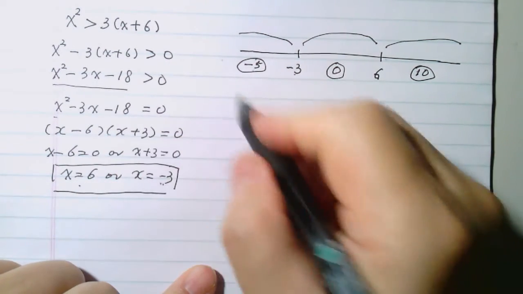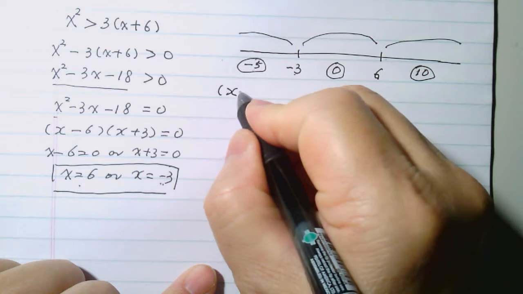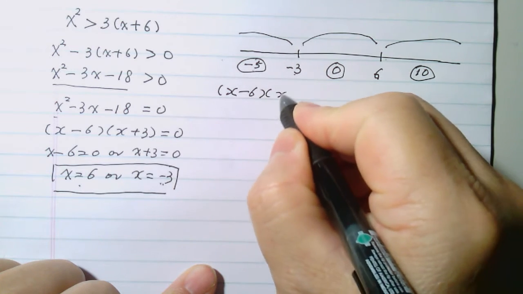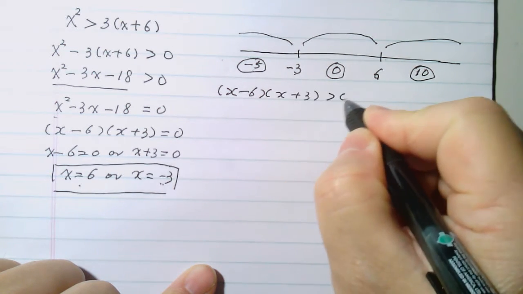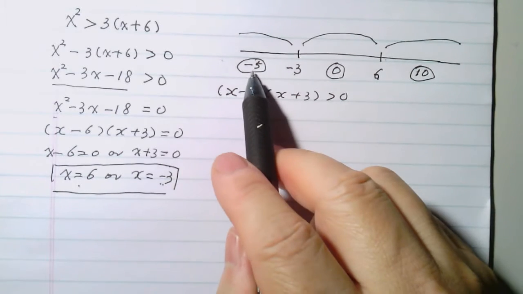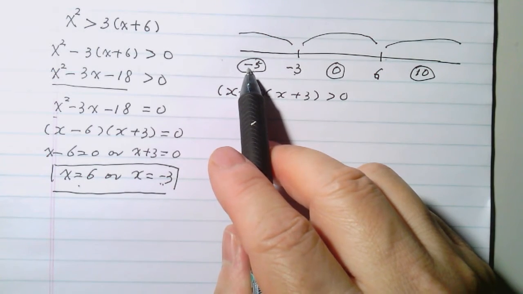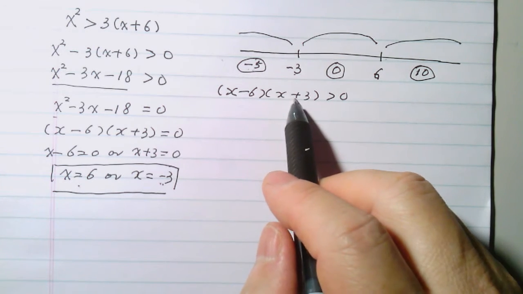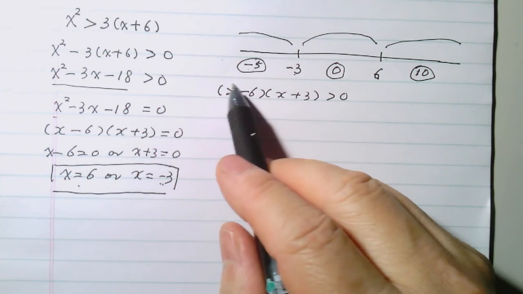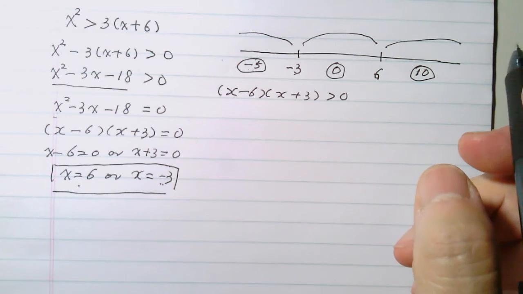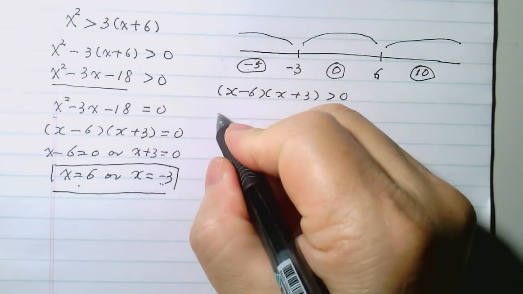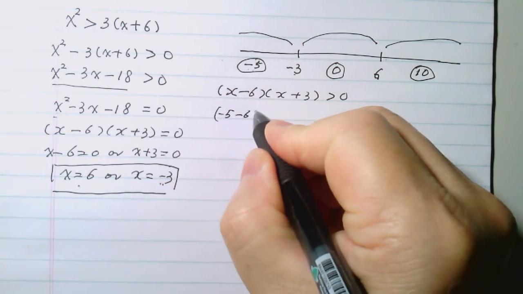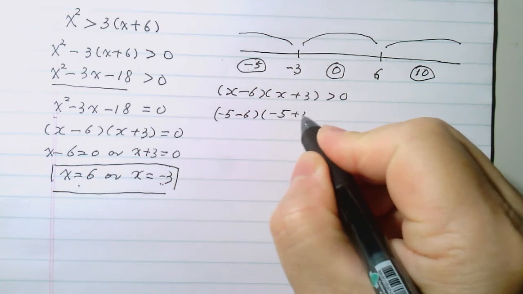Because this inequality, you can also write as x minus 6 times x plus 3 greater than 0. So now you use negative 5 in this expression, to see if it's greater than 0 or less than 0. I put negative 5 in: negative 5 minus 6, negative 5 plus 3.